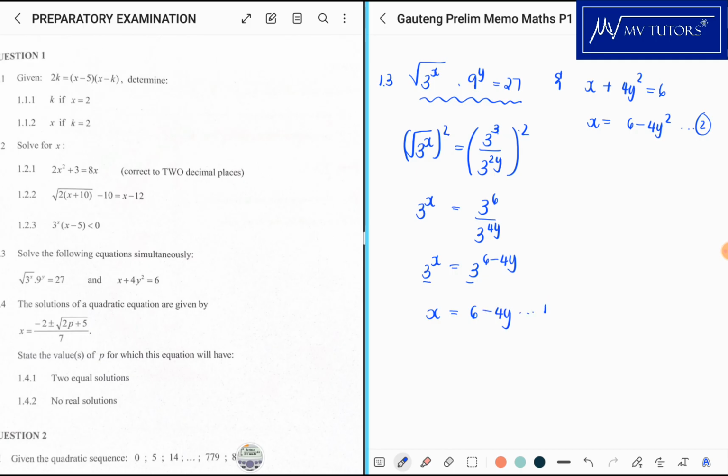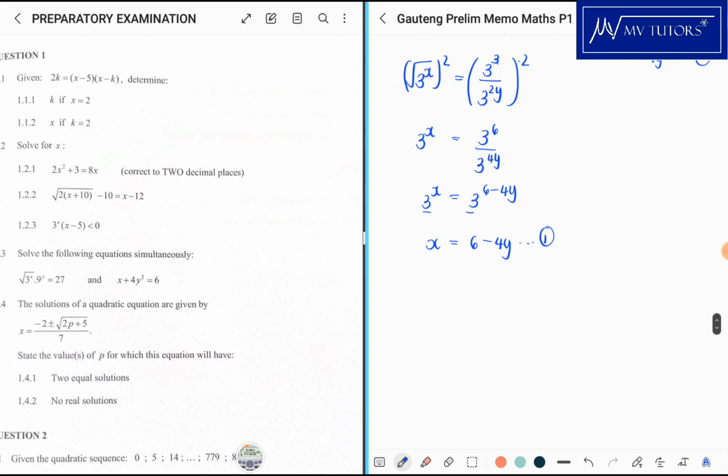Okay, and that's my first equation. Sorry, that's my first equation. So I'm going to substitute my second equation into my first equation. So basically x, I know that x is (6 minus 4y) squared, and that's equal to 6 minus 4y.